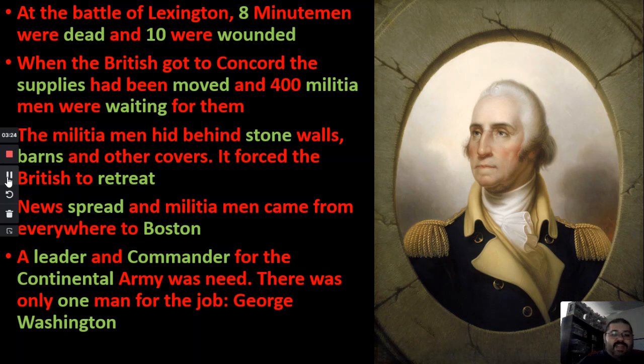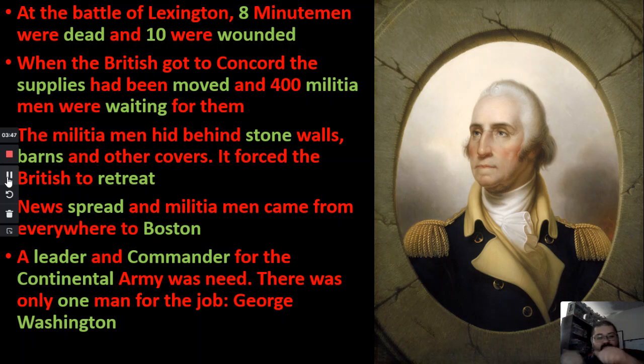Now, the British are kind of forced to retreat. But at the same time, they did their objective. They found out that the stockpile of guns and ammunition was gone. So they retreat, because why shoot it out with these guys? Why have some of our guys die when we did what we were supposed to do?